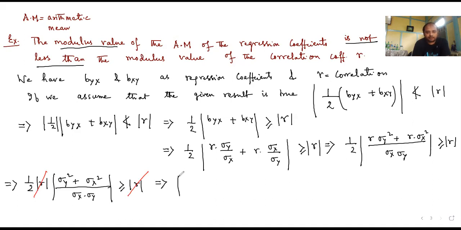This will imply mod of sigma y squared plus sigma x squared by sigma x into sigma y is greater than or equal to 2.